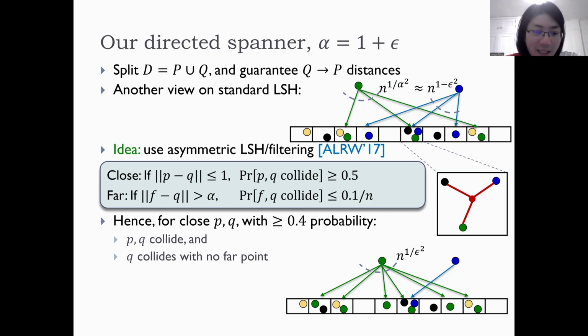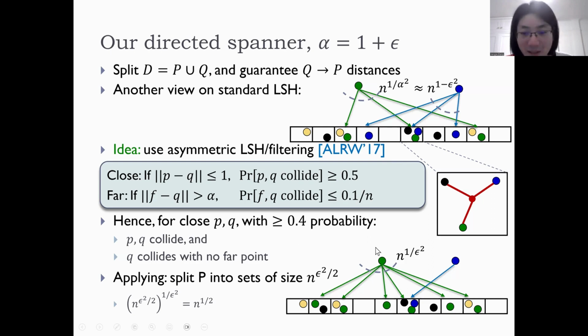I should emphasize that Q might collide with another close point in the set Q. However, because we are doing the directed spanner, Q will never have a chance to arrive at Q prime. So we are safe.